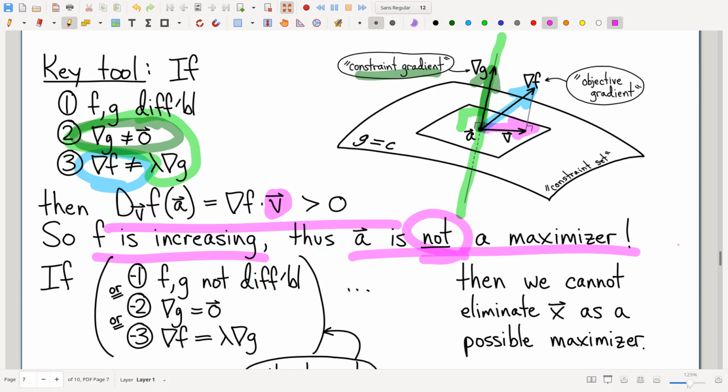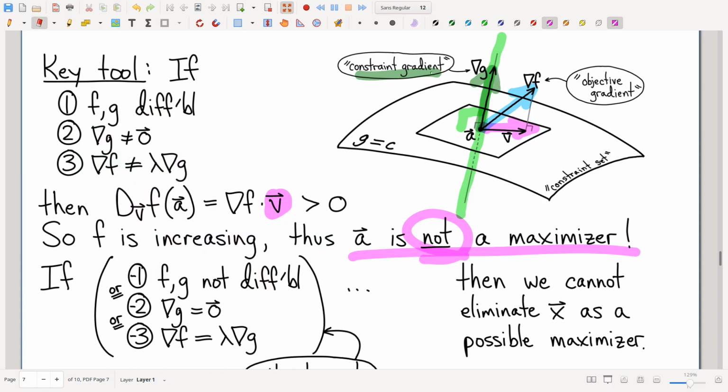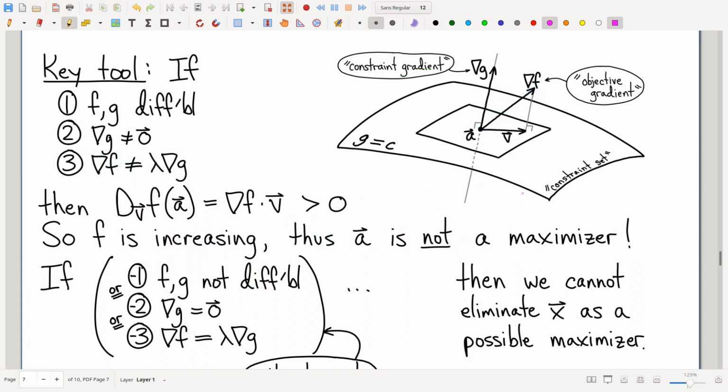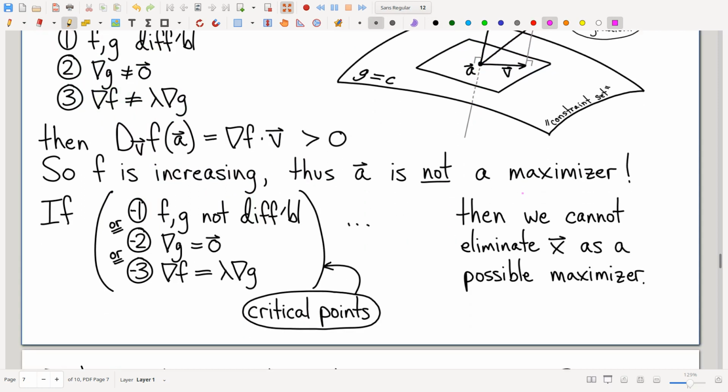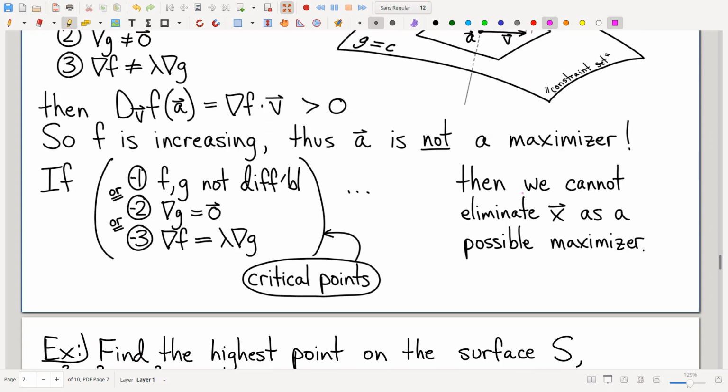Okay. All right. Good news: that's satisfied by most of the points in your domain. And again, you just have to keep track of when one of these fails.